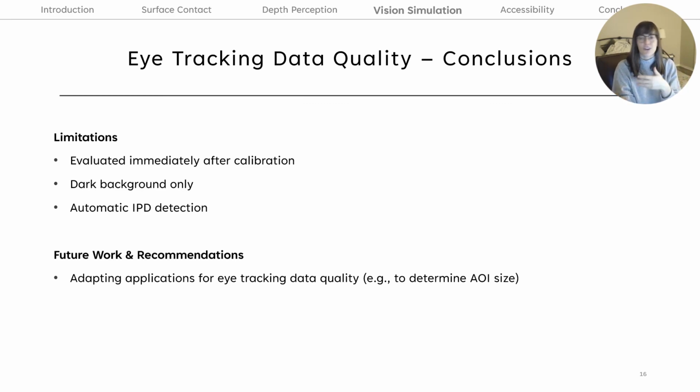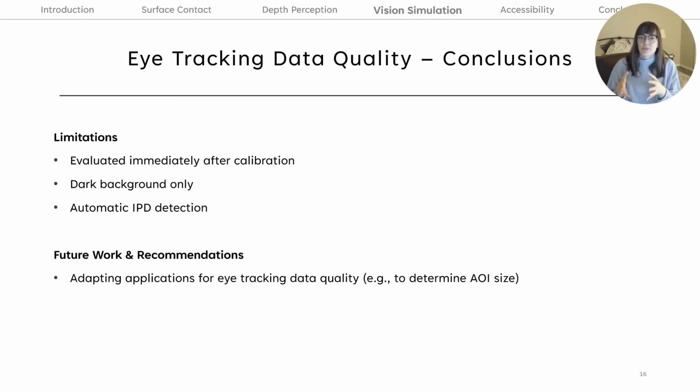So they looked at offsets, they looked at noise for precision, and they looked at sampling rates as well. And this kind of research is not uncommon, and methods vary from very simple to vibes-based to quite complex.